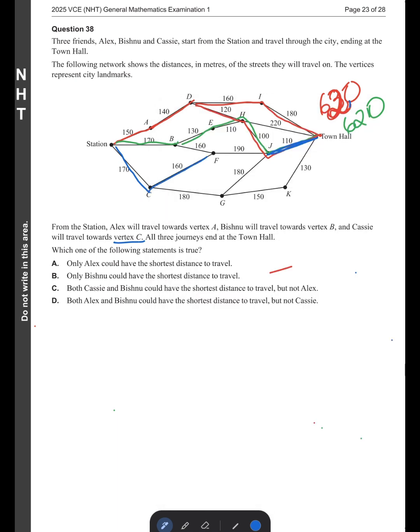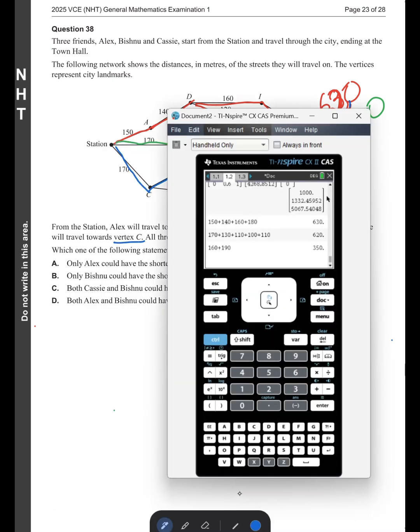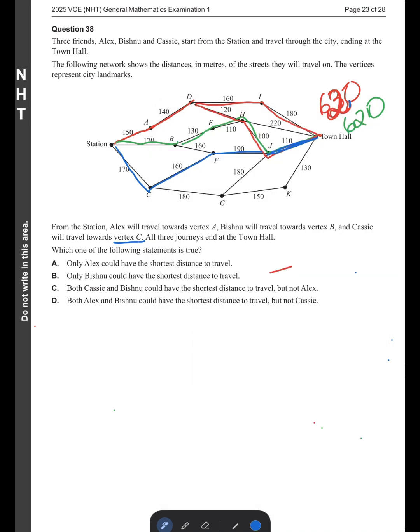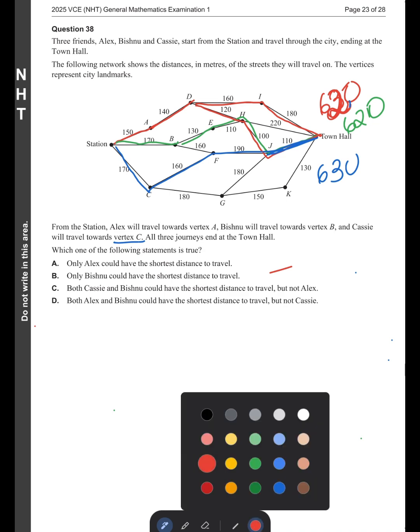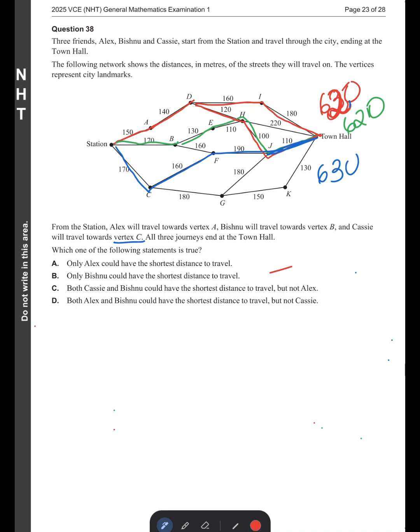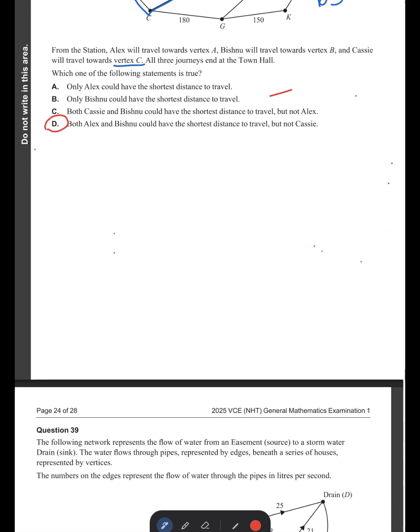So that way is shorter. So she's got 170 plus 160 plus 190 plus 110. So she's got 630, which means that the correct answer here is that Alex and Vishnu could have the shortest distance, but not Cassie. Okay? Because even Cassie's shortest distance is still 630.